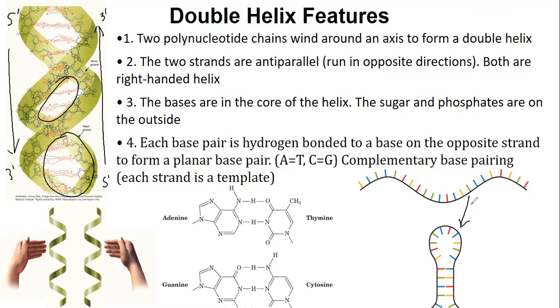RNA, unlimited possibilities. Because it binds within its own single strand, the number of different shapes you can get is like equal to the number of different proteins you can make. It's just such a big number, you can't even begin to understand the number of possibilities through 4 different bases.